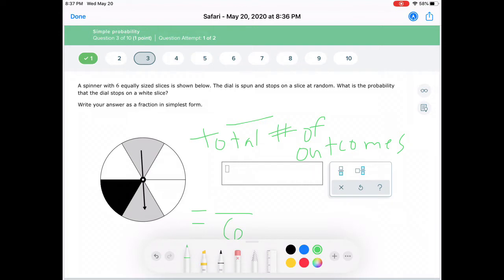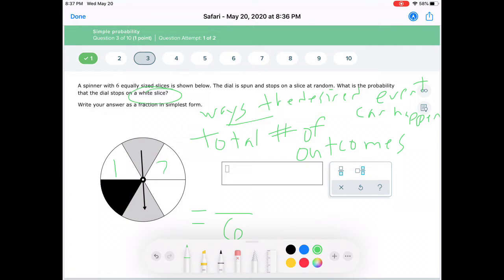Now, the last problem talked about an event occurring. In the numerator, we have ways the desired event can happen. In this particular problem, they ask what is the probability it'll stop on a white slice.